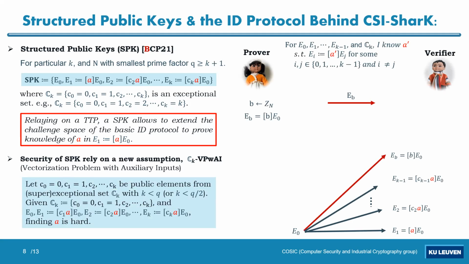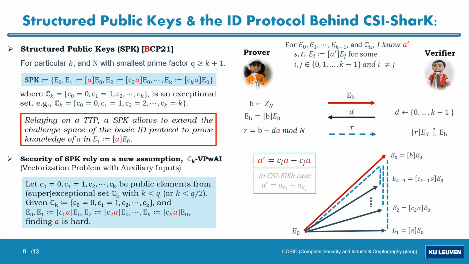So now, similar to the previous case, we have the same commitment and we have the same challenge space. We also have the same opening, but instead of having, let's say, D indexed by A, now we have D times A, because we have generated the secret key in that form. And in the opening, you will open one of these dashed blue lines. So again, we can show that this protocol is special sound.